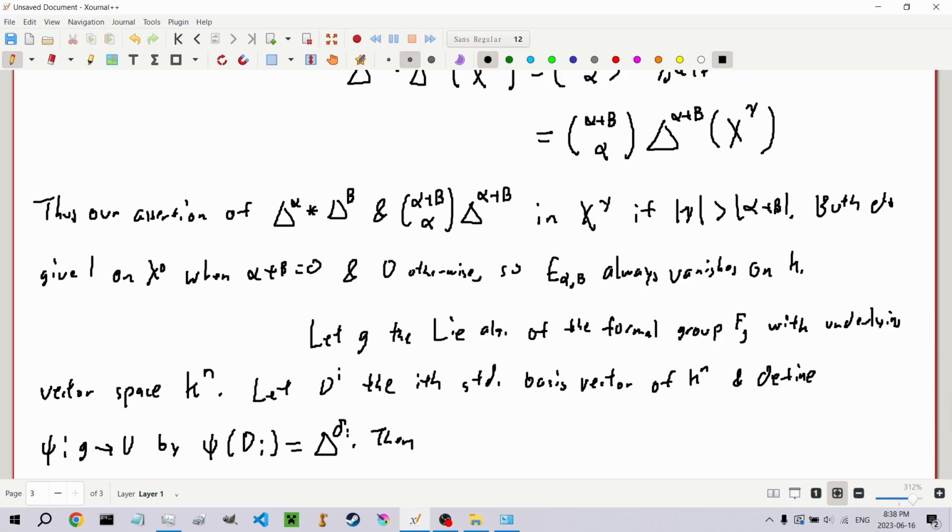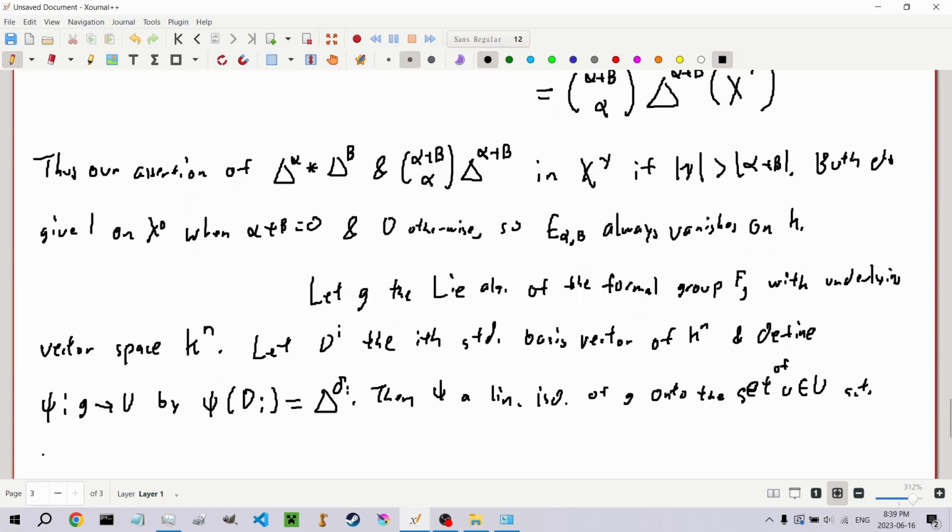Then by definition, C is a linear isomorphism of G onto the set of U in U such that U vanishes on k and m squared, as we expected from our convergent case, the not formal case.